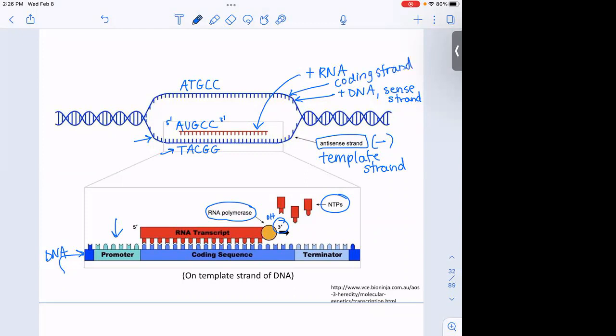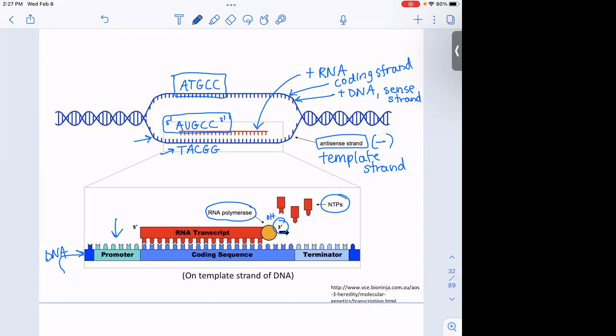That's not as obvious, but if you look at the messenger RNA made from the template strand, what do you notice? It matches exactly the other DNA strand, except there are U's instead of T's. So the coding strand has the same code as the messenger RNA that's made from the other strand.